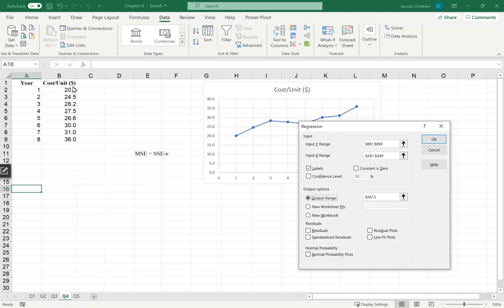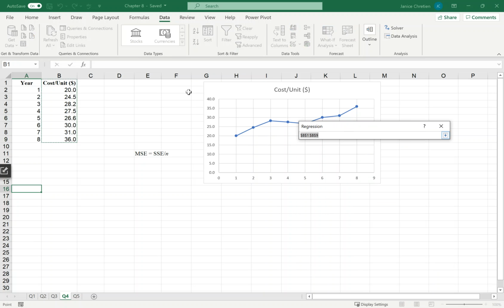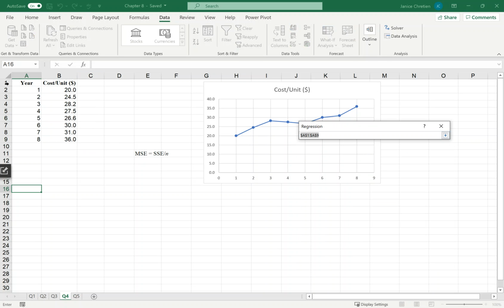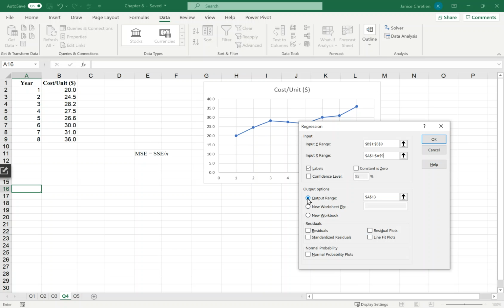My Y input is going to be cost per unit. My X range is going to be year. My output range I have up here, which is great, and I do have labels.